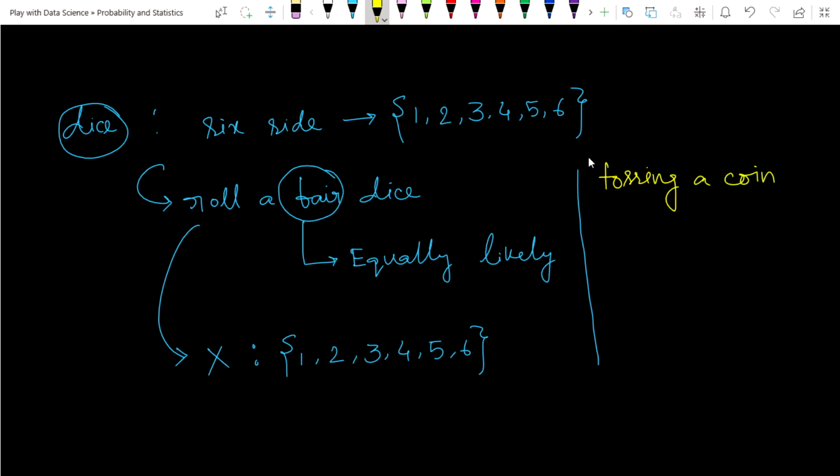If we're doing the experiment of tossing a coin, we already know a coin has two sides, just as a dice has six sides. The sides are head or tail. Let's take the random variable y for tossing a coin. What will be the outcome of this random variable? Head and tail. This is another example of a random variable.